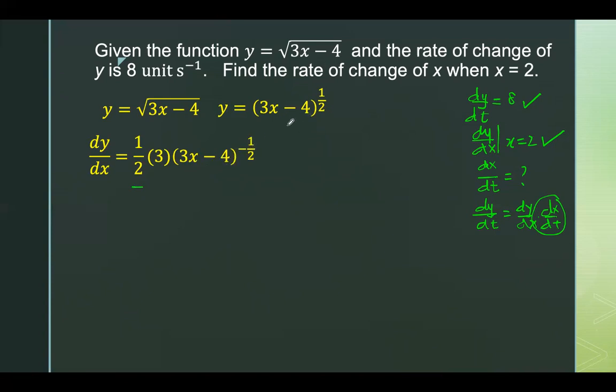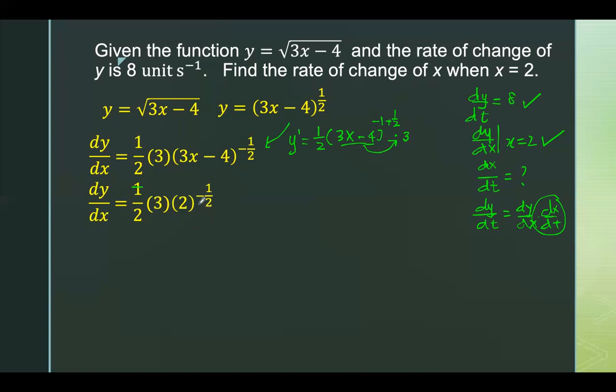You differentiate the bracket first, so the power becomes half minus 1, which is negative half, and then you differentiate inside. So you get this expression, and then you simplify.